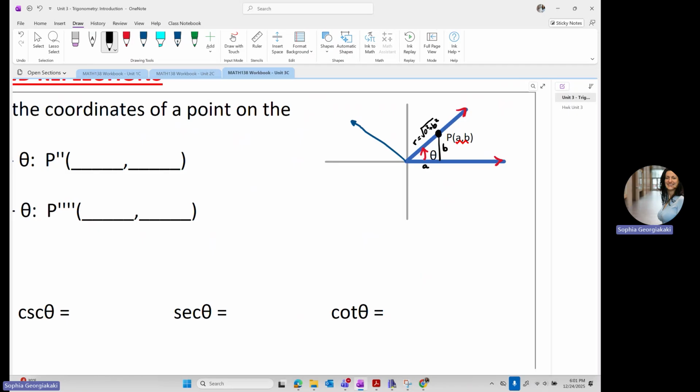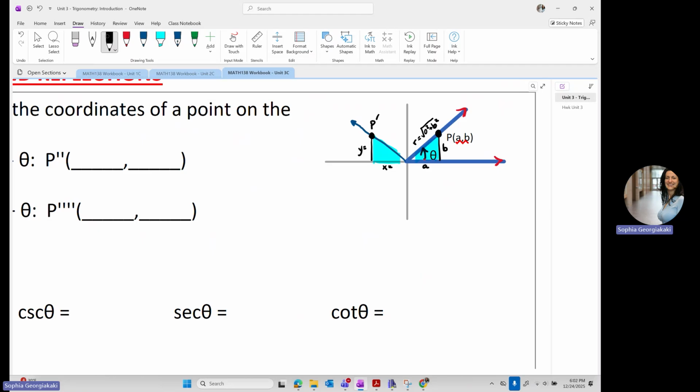So when I am in quadrant 2 and I have the symmetric point of this P, let's call it P prime, what will this new X be and what will this Y be? If you can see the symmetry, these two triangles are congruent, which means they have the same length for the hypotenuse.